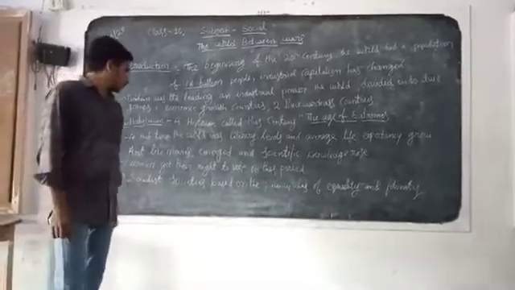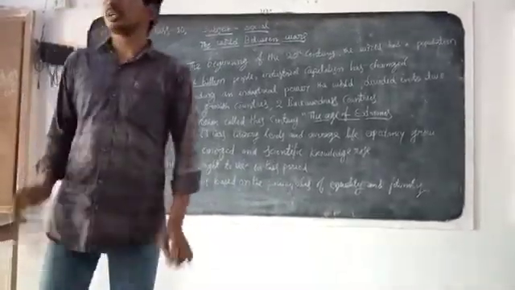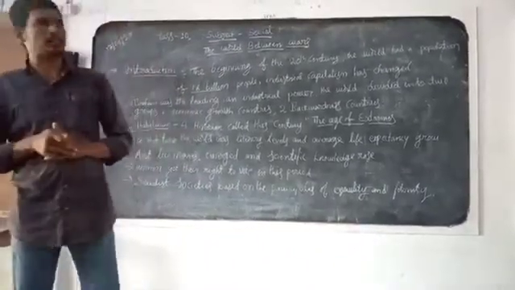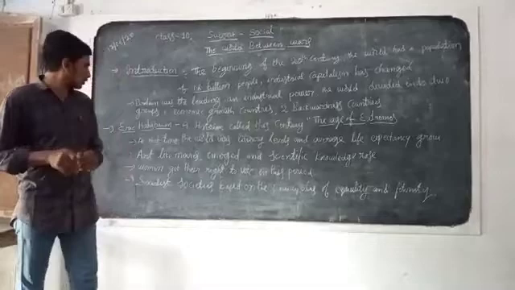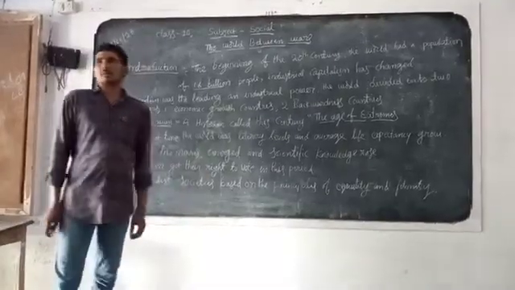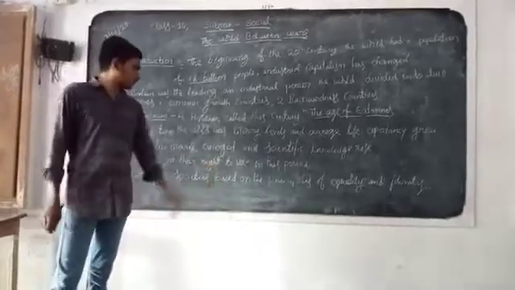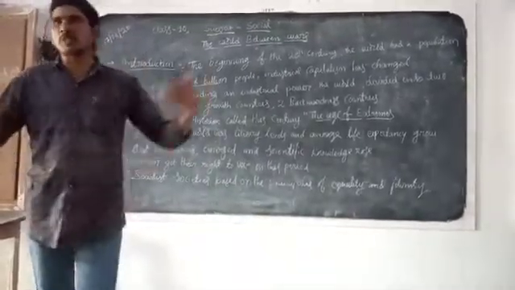At the same time there were socialist societies in Russia, China and other communist countries, and also in South American countries like Cuba, Brazil and Venezuela, based on the principles of equality.